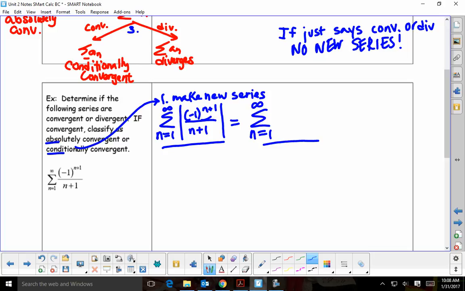It's just making it always equal to what in the numerator? 1. And down here, as I plug in 1, 2, 3, 4, that denominator is always positive. So do you see how my absolute value bars have dropped off completely? Yes? Okay. So this is my new series.